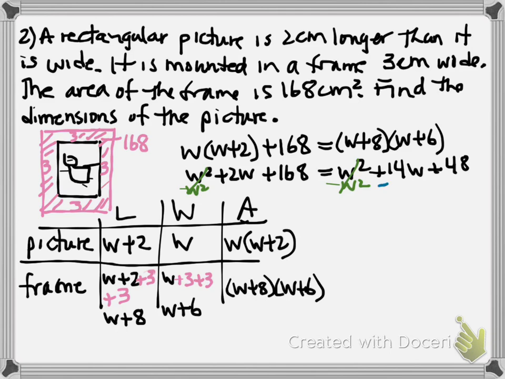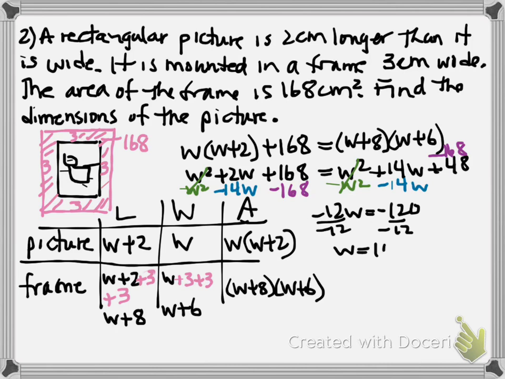Next chapter, that's not going to happen. So then I'm going to subtract 14W from both sides, and I'm going to subtract the 168 from both sides. So we get negative 12W equals negative 120, and then I divide both sides by negative 12. And I get W equals positive 10.